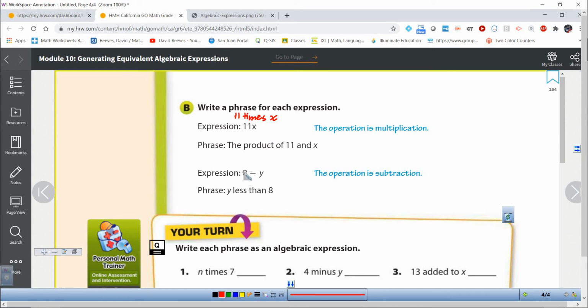8 minus y. Again, 8 is our constant, minus is our operation, and y would be our variable. They chose to use less than. Remember, less than means subtract from or subtracted from.